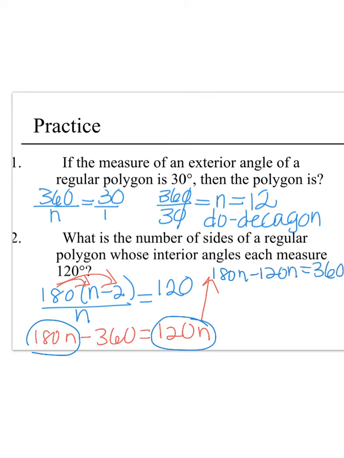This is just solving equations. I get 60n is equal to 360. Divide out the 60 and get n is equal to 6. So this is a six-sided figure, and as a result, the polygon that we are looking for is a hexagon.